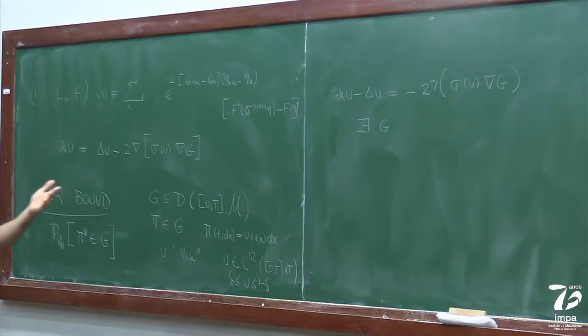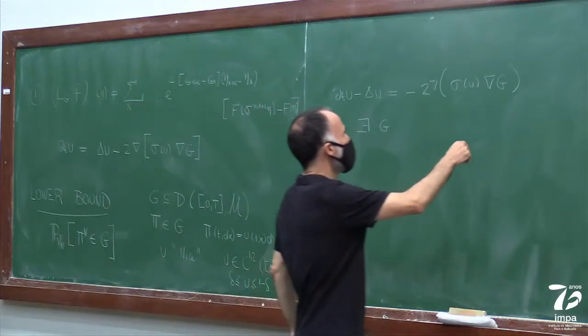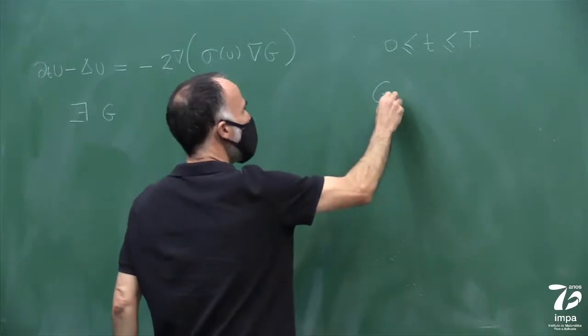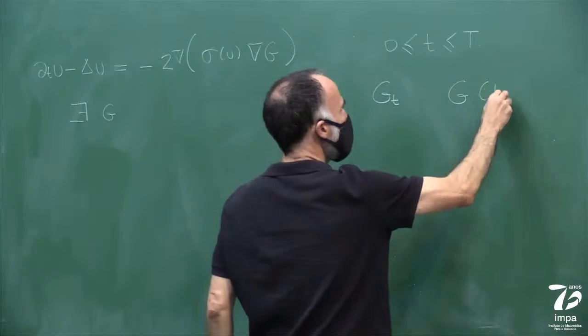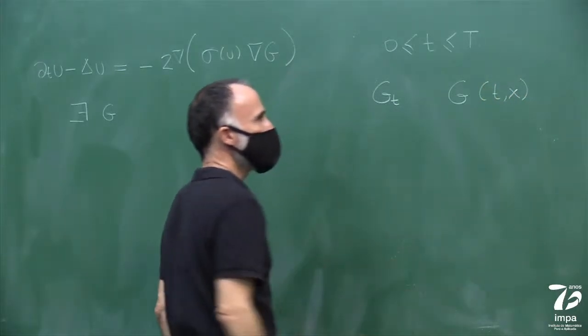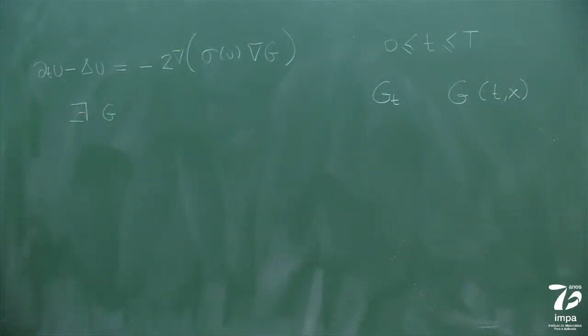So for each time, I find a g_t, and therefore what I have is a function which depends on t and x. And if u is very nice, it's smooth, then g also is smooth.